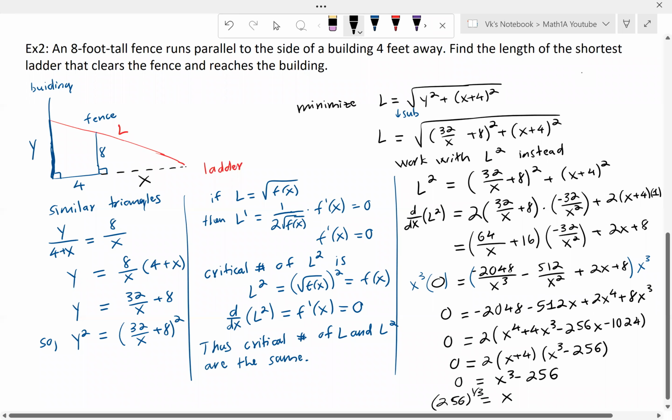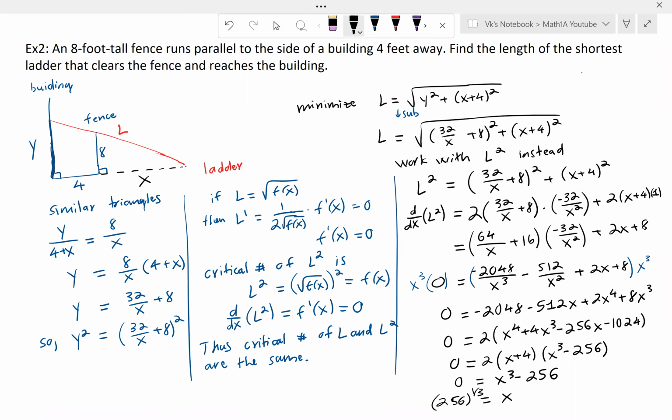Well, we have one critical number, and based on what we have learned in the previous section, this is the local minimum, so that is the absolute minimum.